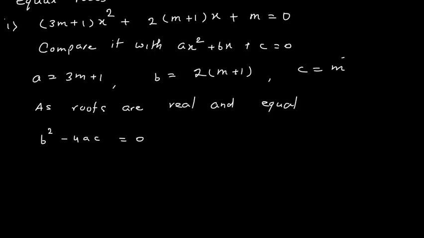Now b square minus 4ac is 0, therefore it gives us 2 into m plus 1 the whole square minus 4 into 3m plus 1 into c, which is m, is equal to 0. So b square minus 4ac, this is 0.